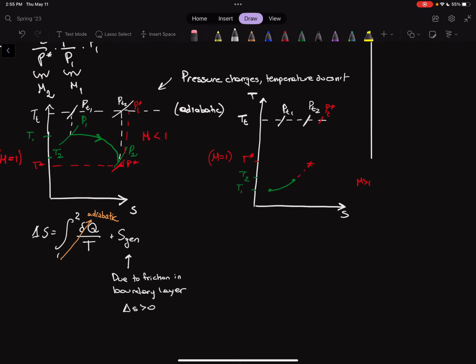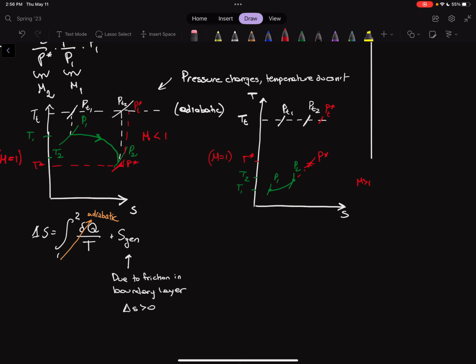Again, you can see that the difference between static and total is decreasing because my Mach number is decreasing, so that makes sense. So actually, instead of representing this if we have the supersonic case or this if we have the subsonic case, we represent the whole thing.